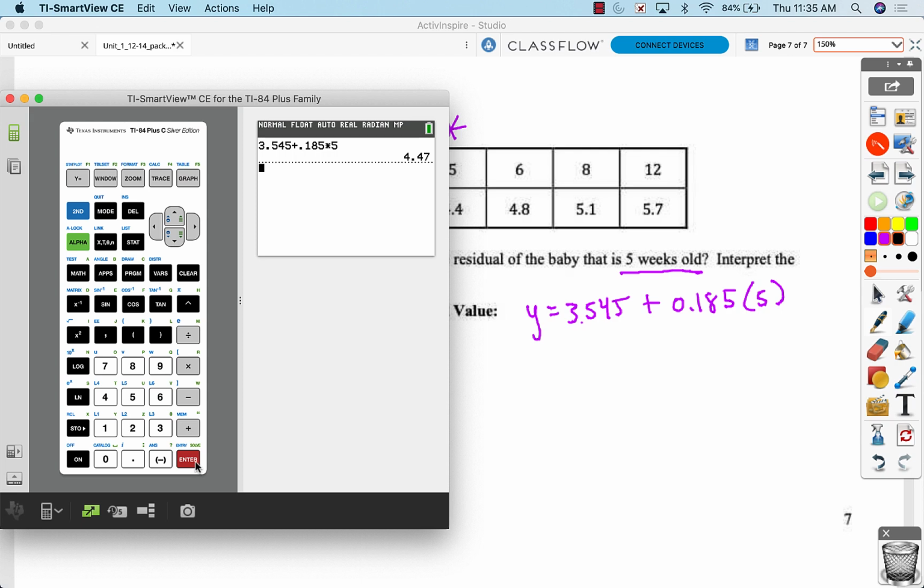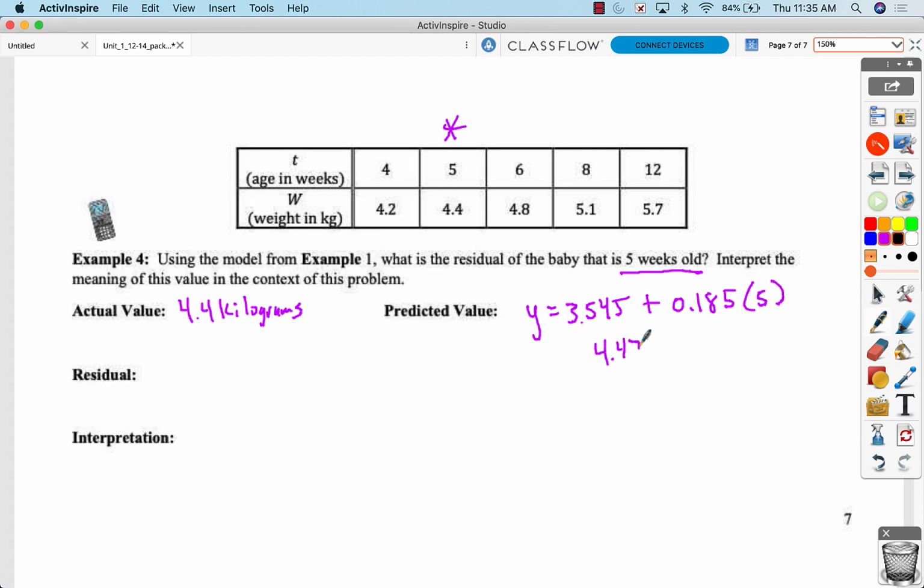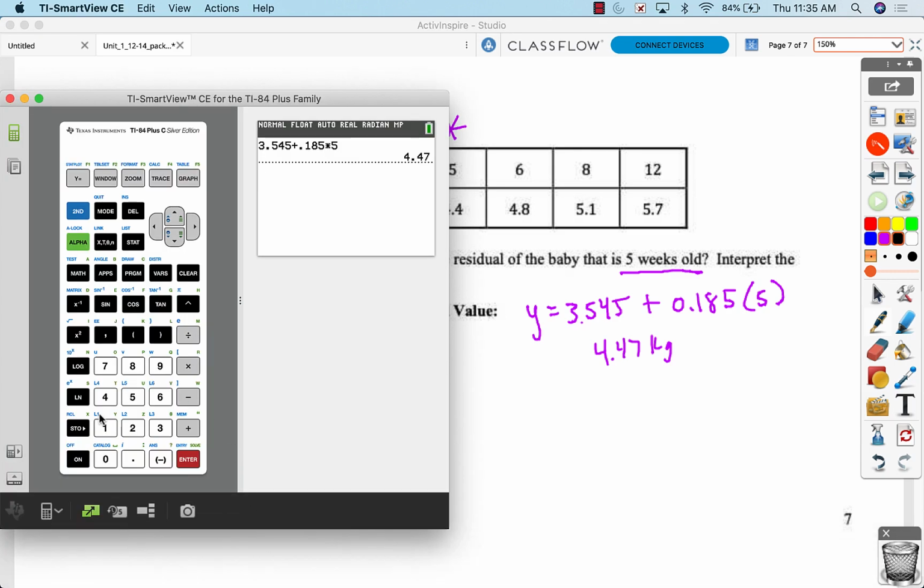So that baby was predicted to be 4.47 kilograms, if I didn't make a mistake. Okay, now what's the residual? 4.4, which is the actual, minus 4.47, which is the predicted, which comes out to be, I believe, negative 0.07, but I will double check it just to make sure.